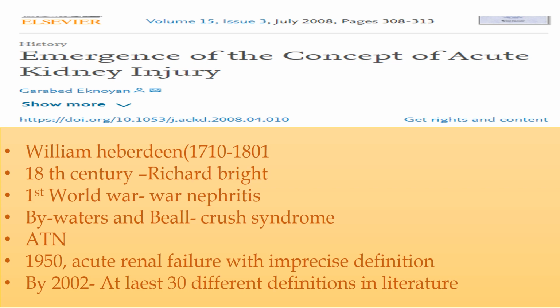So because of this, it made it difficult to compare epidemiological studies to describe the burden of this problem in different populations, and then also it made it difficult for people to compare the effectiveness of new treatments that were being developed. So it was difficult to carry out clinical trials using this imprecise definition.